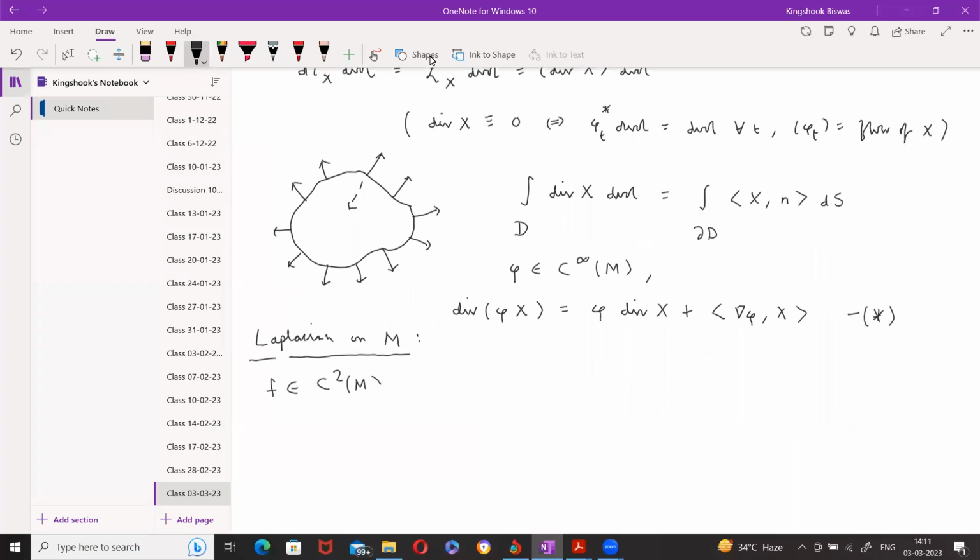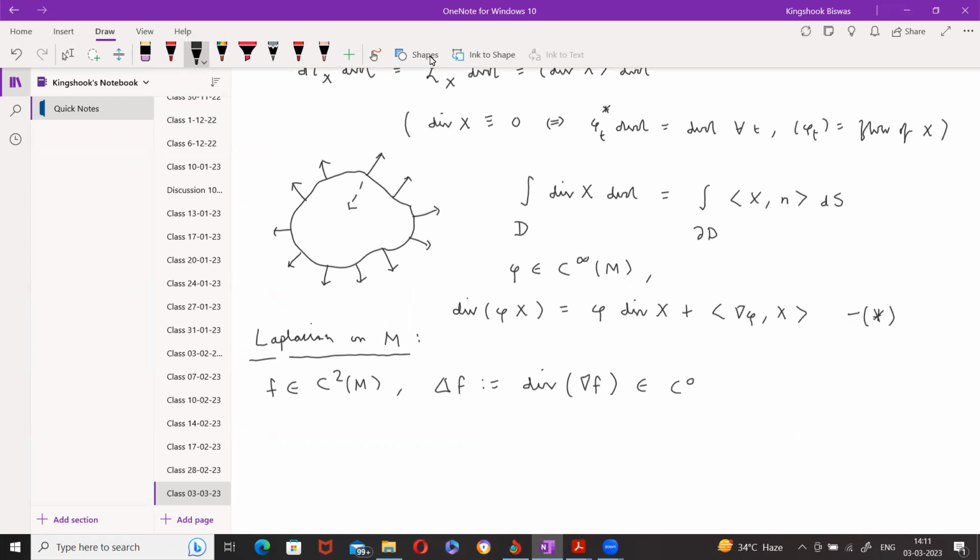Okay. Then the Laplacian of f. So you take the gradient vector field. Okay. So that's C2. This will be a C1 vector field. And therefore you can define its divergence. Okay. So you take the divergence of the gradient vector field of f. All right. So this is a continuous function.